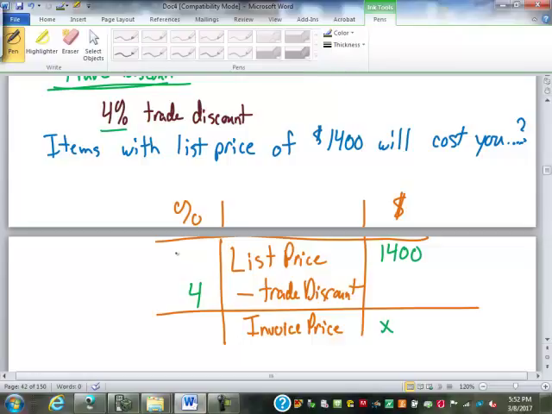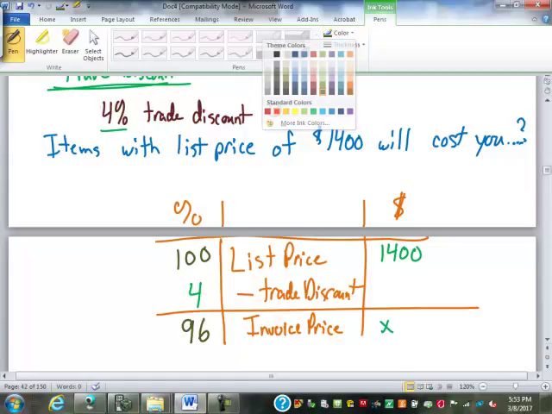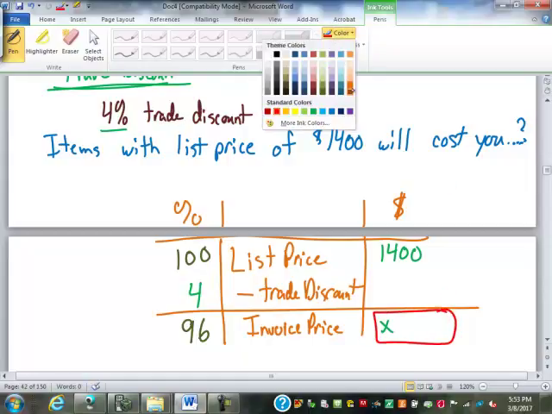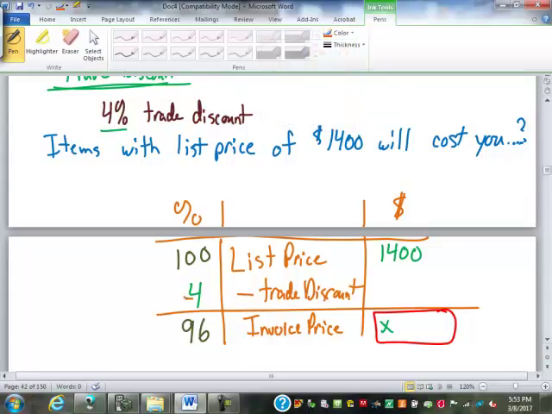The beginning amount here is the list price. So that's 100%. If there's a 4% discount, 100 minus 4 is 96%, the invoice price. So we are looking for this amount here, which means we don't really need this line, so I'm going to ignore it.